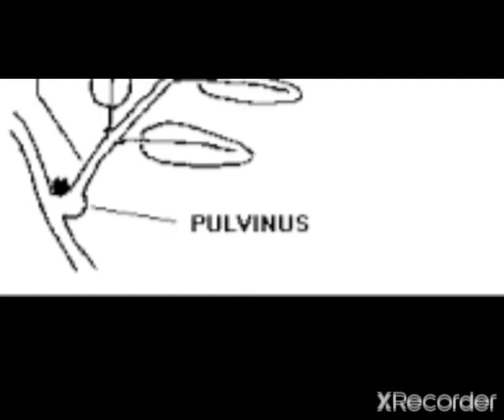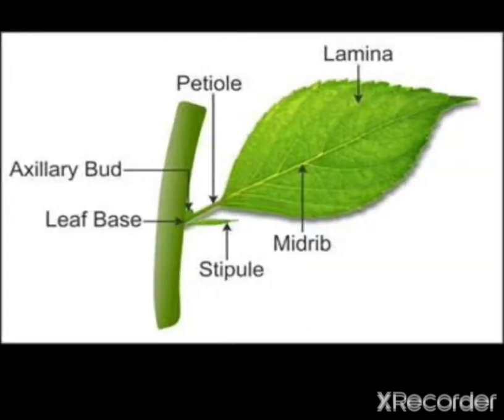So this has a swollen leaf base that is known as pulvinus, and sometimes we have stipules also. These are leaf-like structures at the base of the leaves. These can be of a variety of shapes. Sometimes it can be spiny, sometimes they can be in the form of tendrils also.